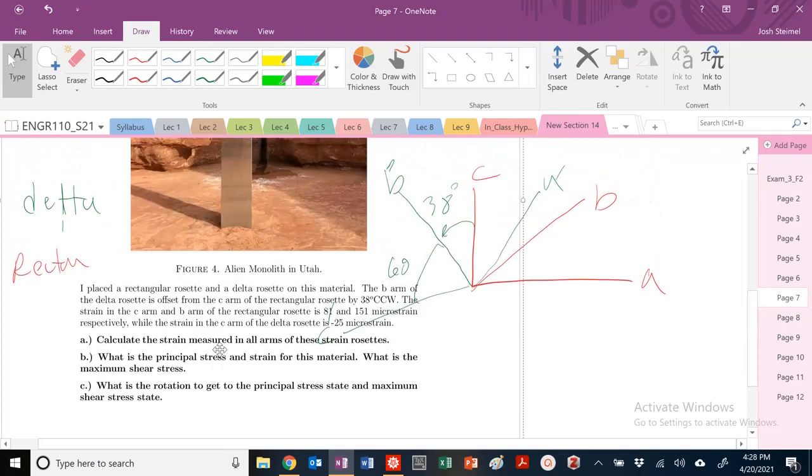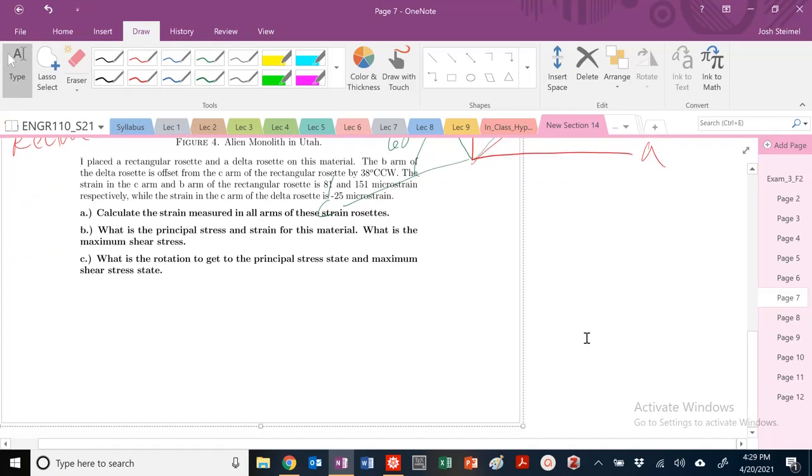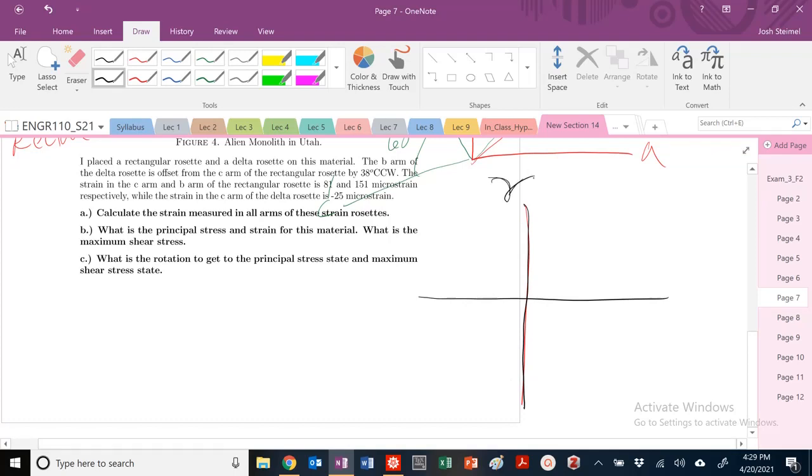All right, let's look at this problem. It's really about where we want to pick our reference point. Let's draw a little bit, in a different color. Here, this is gamma, my engineering strain over 2. We're going to have points in microstrain: 151, 81, and then minus 25.